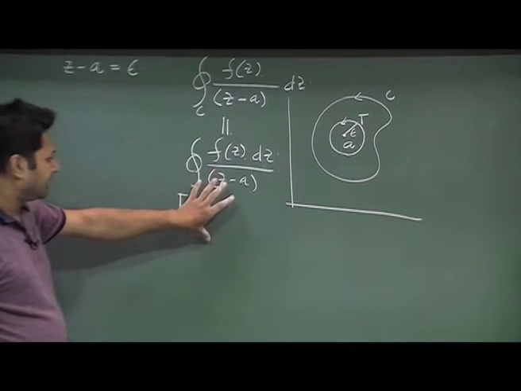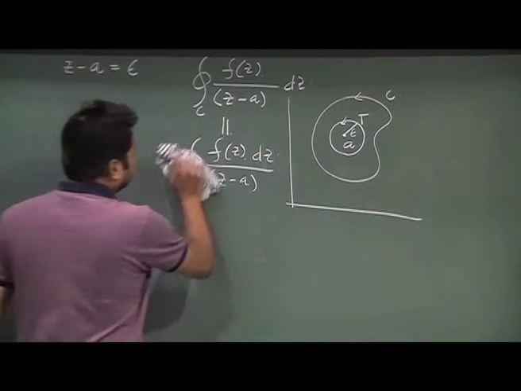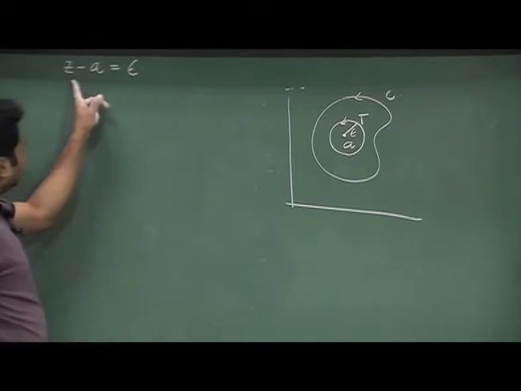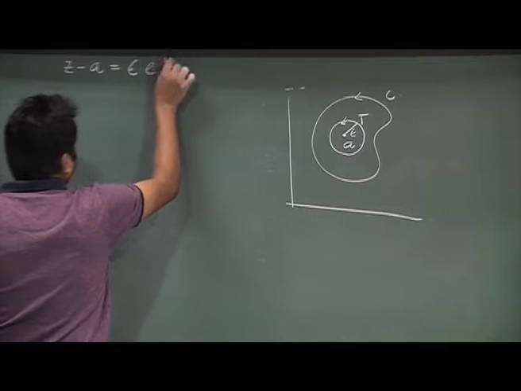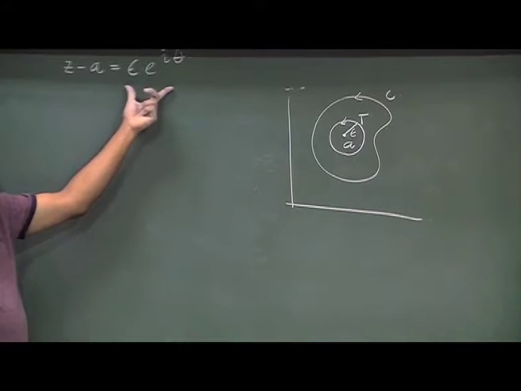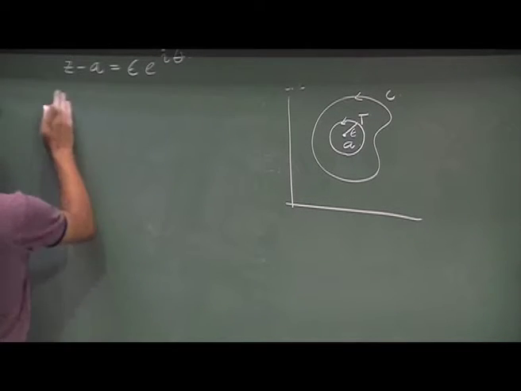For this integration I am putting my variables like this. As we did earlier, z minus a is epsilon e to the power of i theta. So, what is my dz?